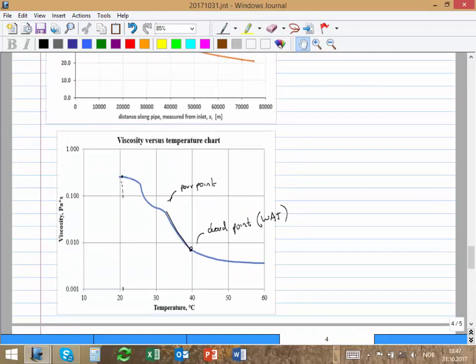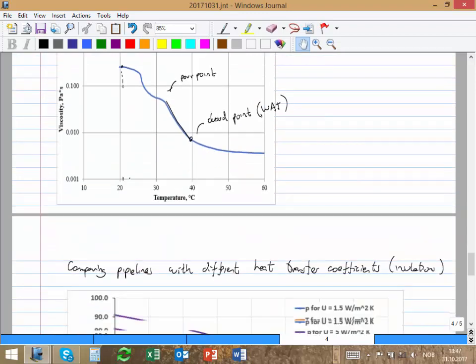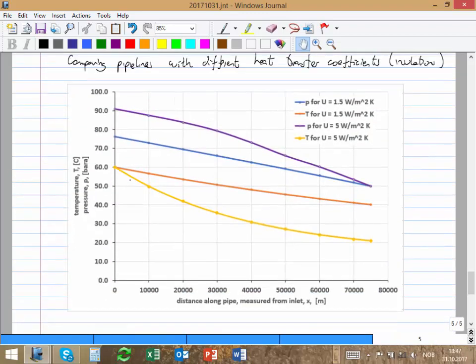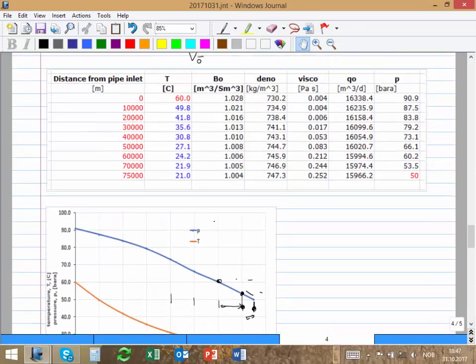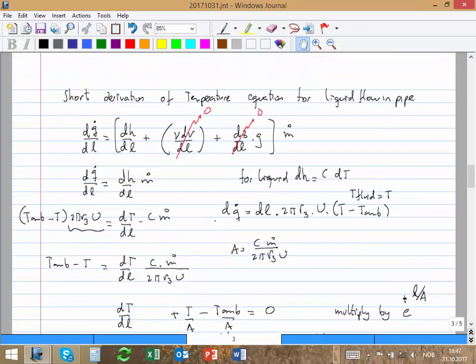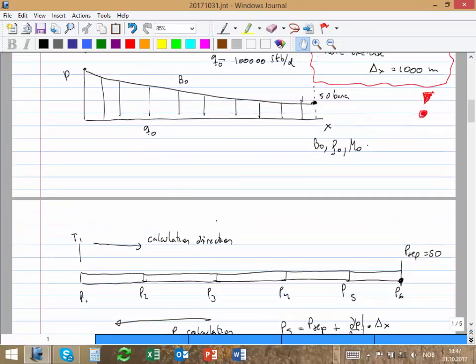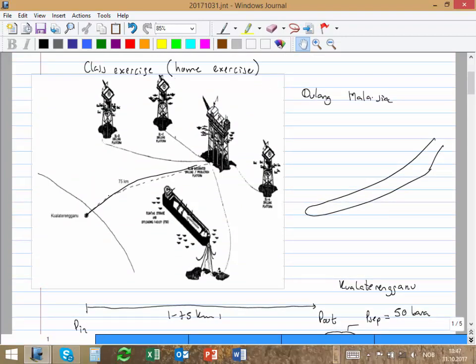Now the next thing I wanted to say is that I did homework for you too. What happens if I have two engineers, or two companies? One of them is offering me FMC, saying, well, I can give you a pipe with a heat transfer coefficient of 5. That's what we were using.